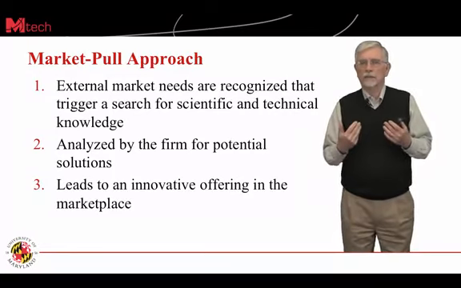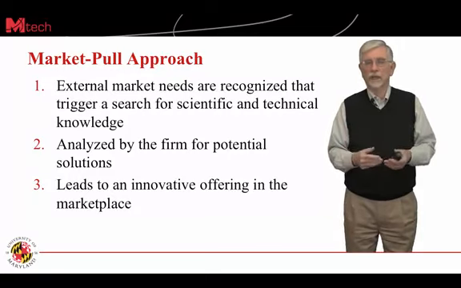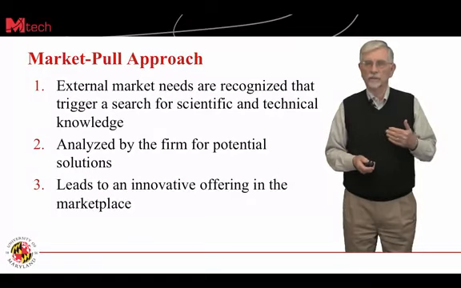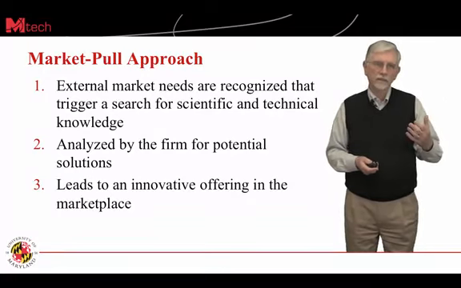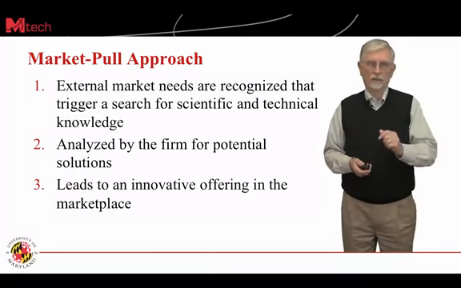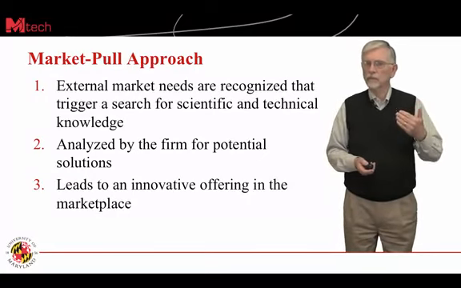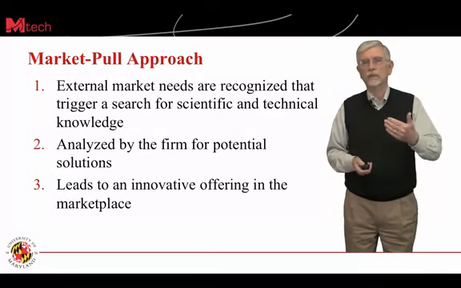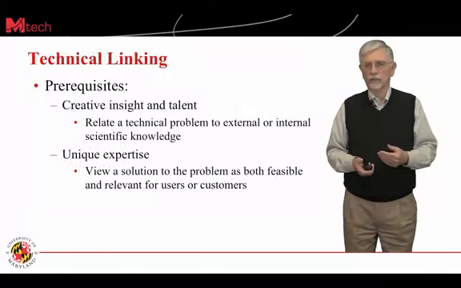And you analyze that for potential solutions, and you basically build an innovative offering for the marketplace. And so what you're doing is you're taking ideas from the marketplace, you're looking for technology solutions, and then responding to the marketplace, but responding with a technology solution or some innovative solution that really is directly responsive to the marketplace.